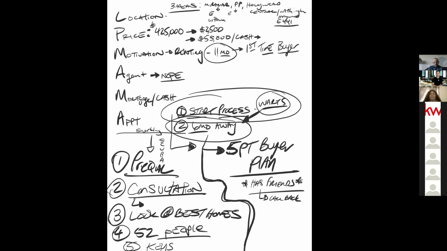Is she still in her financing contingency? Yes. When does that expire? June 22nd. And when did you go under contract? Roughly a week ago, two weeks ago? I think about a week ago. Okay.